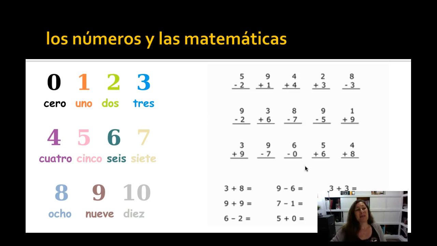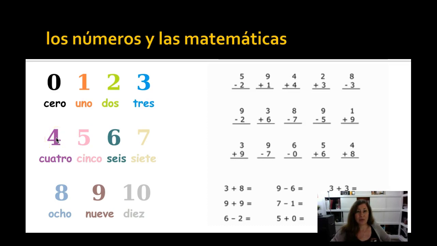So we're going to start out with los números. Easy enough. You might be familiar with these, I hope. So let's start. Repite. Cero. Uno. Dos. Tres.